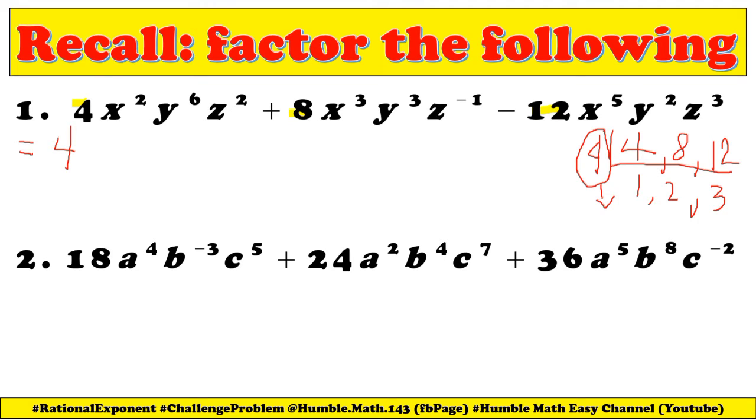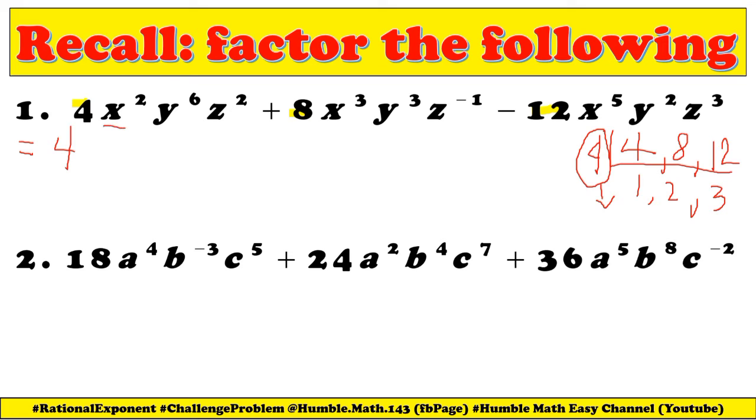What we will do for the literal coefficients of every term that we have? In dealing with the literal coefficients, all we have to do is to identify first the lowest value of the given exponents of every variable. So we have here x squared in the first term, x cubed in the second term, and x raised to 5 for the third term.